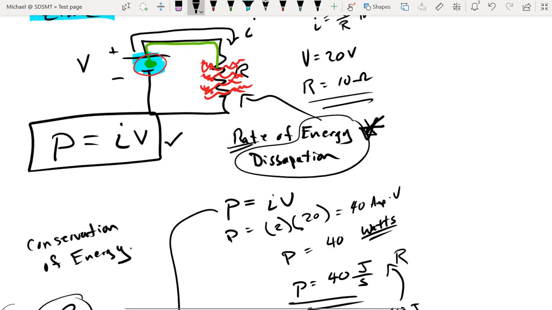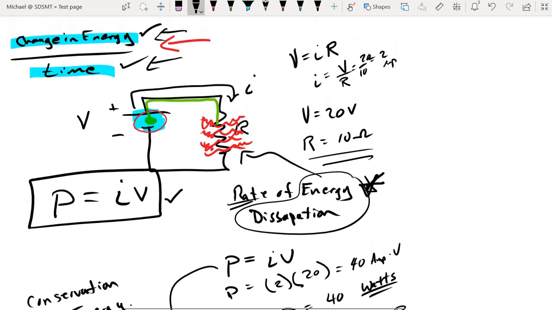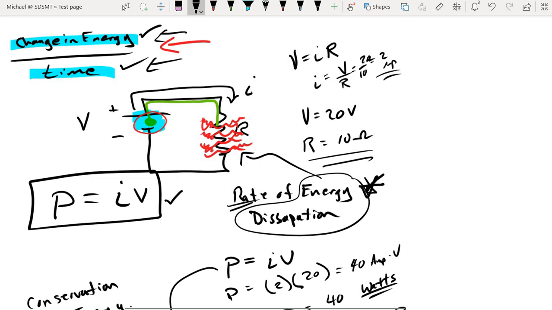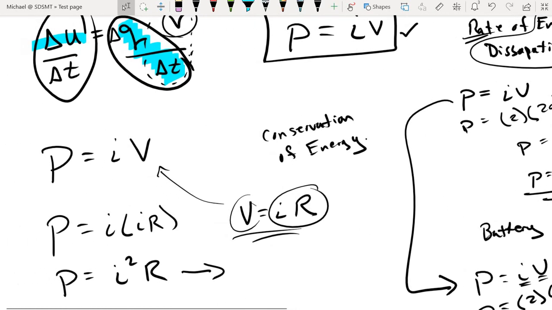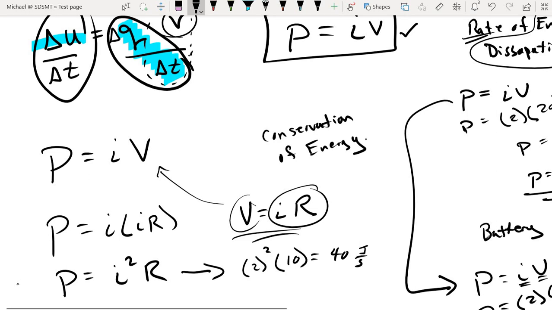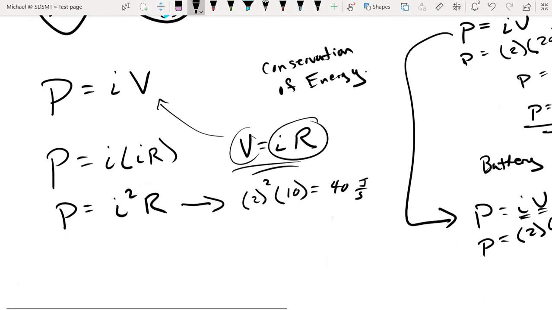We had a 10 ohm resistor, and we had 2 amps for the current. So 2 amps for the current times the value of the resistor. 2 squared is 4, times 10 is 40. So there's our 40 joules per second, or 40 watts.